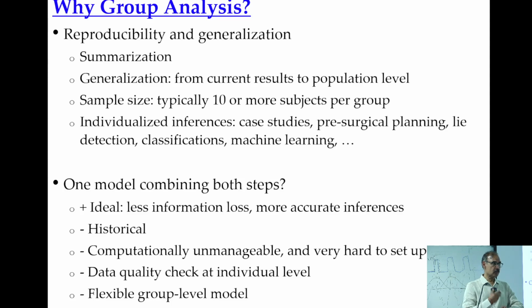When you have 1,000 subjects, maybe for every region, you could look at the intensity and look at the distribution. How is this intensity distributed across the 1,000 subjects?